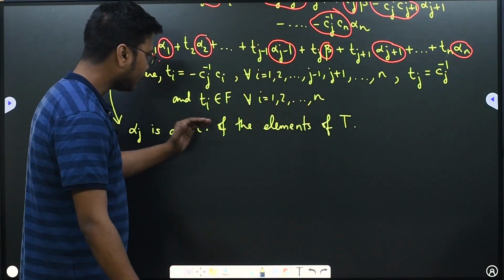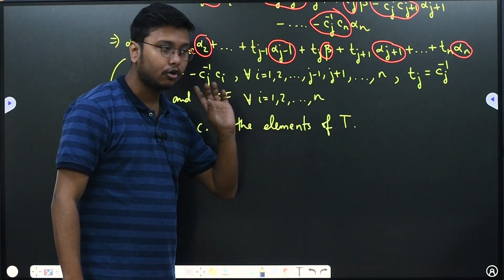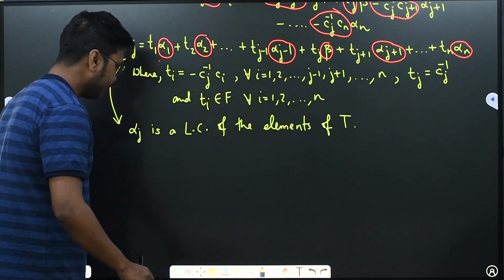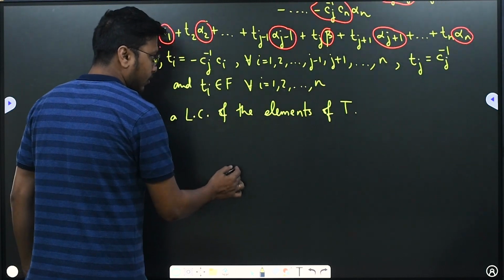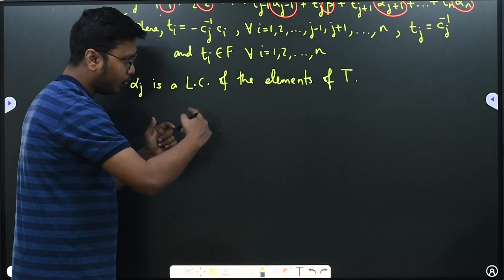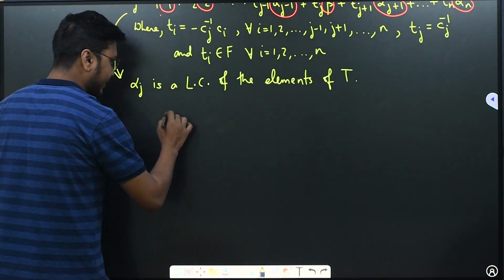Okay, so now from here I am going to draw the conclusion that I am trying to show, that L of T is equal to V. I'll just write the S set and the T set one above the other so that it's easy to understand what's happening.